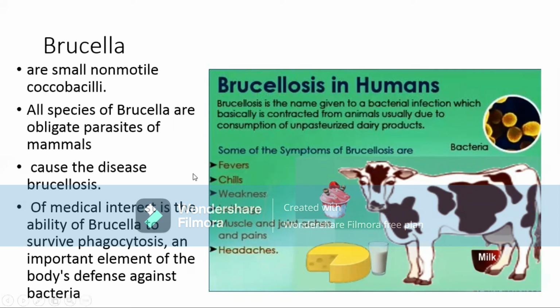Another important thing: now that you are studying immunology, you know the body has a system that whenever any pathogen enters your body, it starts phagocytizing those foreign particles. But Brucella is of very much medical interest because it can survive and replicate itself in the phagocytic cell.